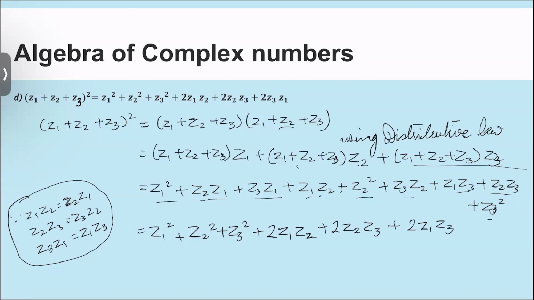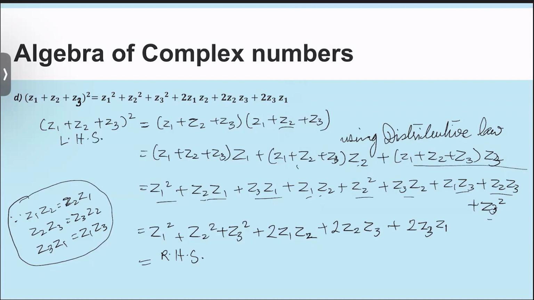Okay, or you can write it like over here, they prefer it as Z3 Z1. So this is equal to your RHS. Okay, so this is your LHS, and you can see that it is proved. So hence, note.